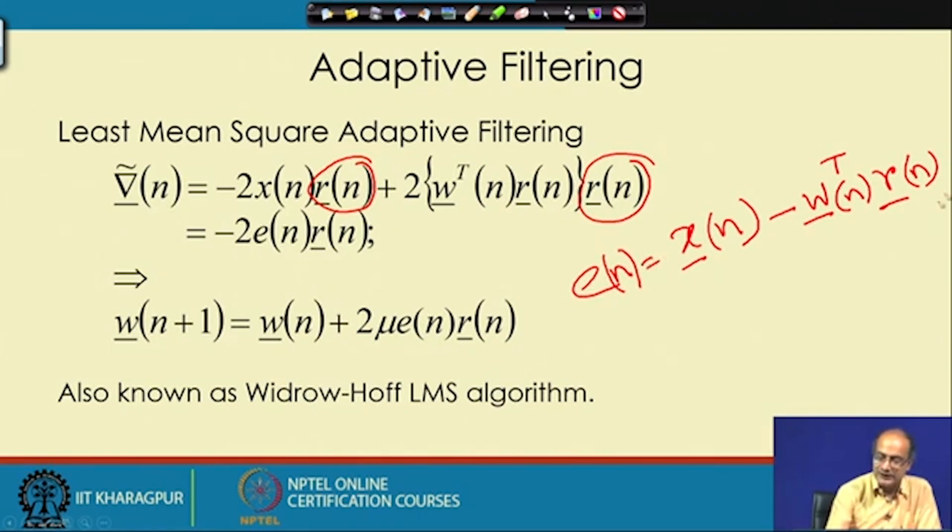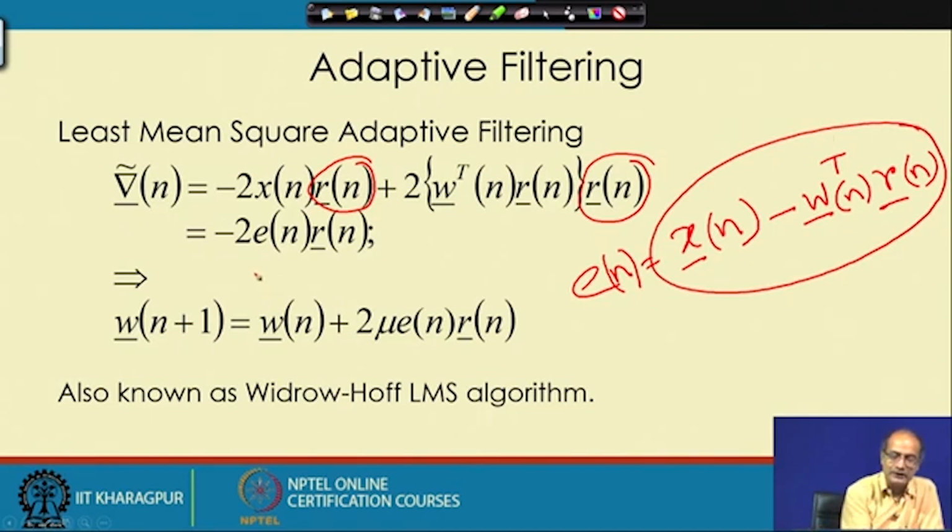Replacing this part in the equation and simplifying, we get that the gradient is minus 2 e n times the vector r n.